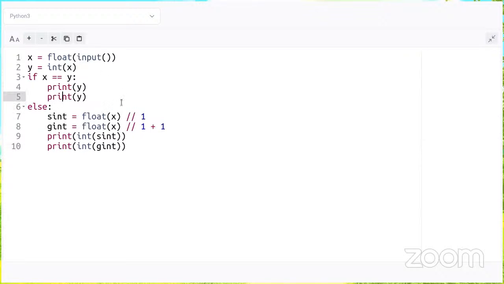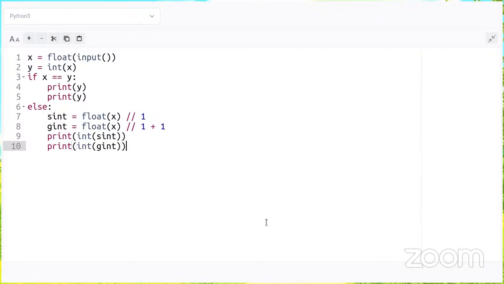Can you please tell me what is happening? Basically, we are taking the input as a float value, and then y is converting that float to an integer. So if we are taking input as 1.3, the value of y will be 1. Now, if x is equal to y, then it means that the input value is an integer only.